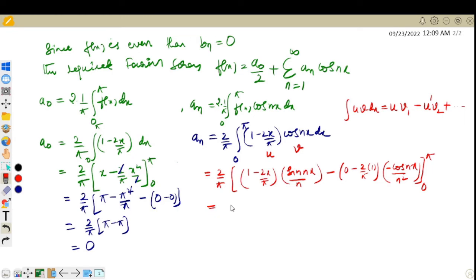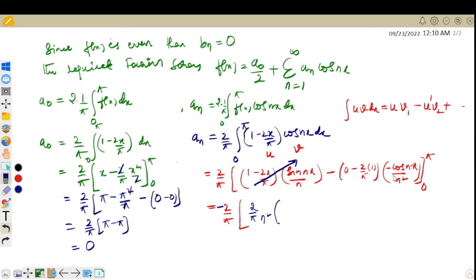Fine. 2 by pi. You people are already aware, sin function for the upper limit pi, sin pi is 0 and the lower limit 0 is also 0, so we are not going to substitute anymore. Now you concentrate only on the second term. Minus minus plus, again there is a minus, I will take the minus sign outside. Again this 2 by pi and this 1 by n square are also outside.